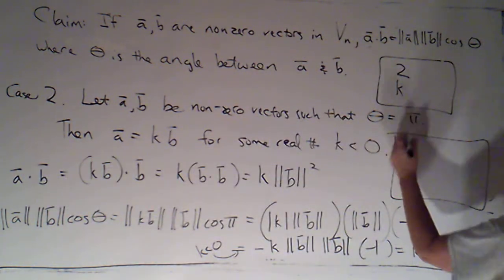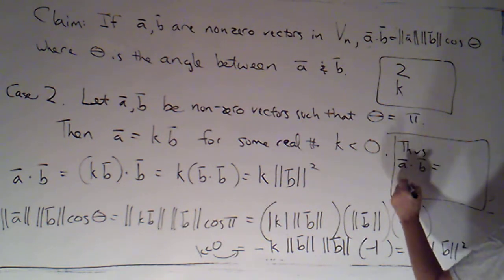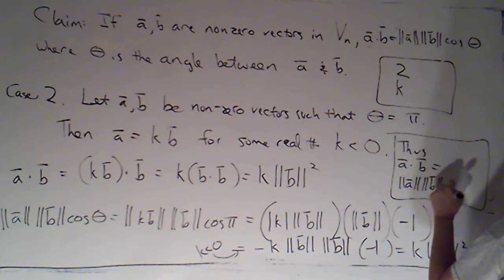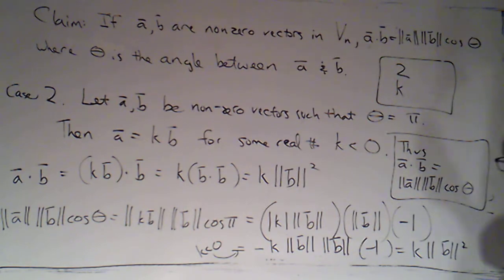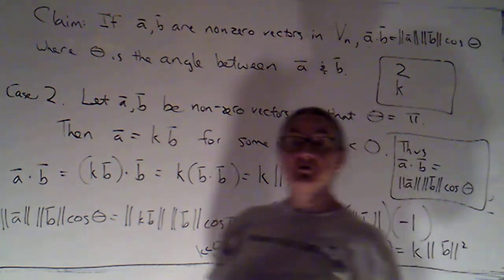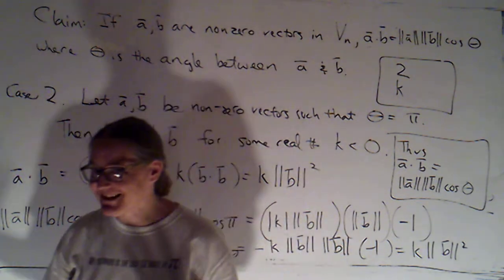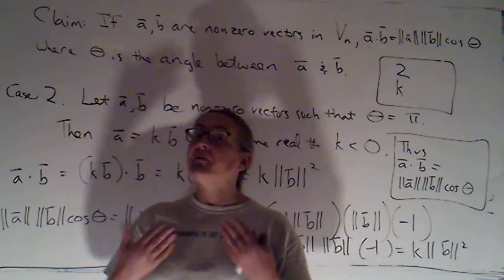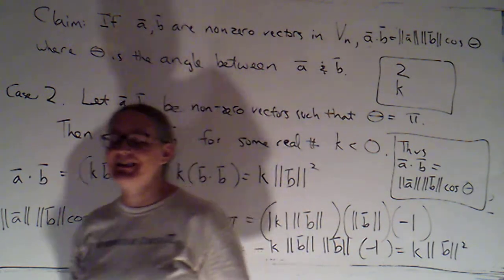So I can conclude, thus, A dotted with B is equal to the magnitude of A times the magnitude of B times cosine of theta. So the formula works in the two cases where A and B are parallel vectors. Now, the most interesting case is going to be case 3, where they're not parallel to each other. But if they're not parallel to each other, I can form a triangle. And so we'll take a look at that in the next video.